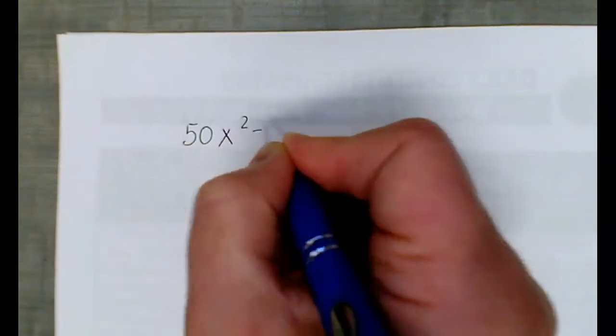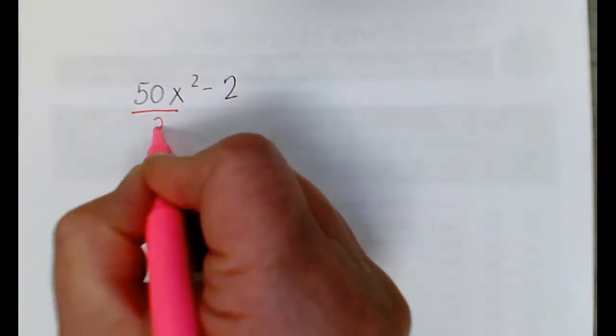X squared minus 2. GCF first. What is the GCF here? And so the 2 factors out in front, 25x squared minus 1. Now, I'm not looking at the 2.